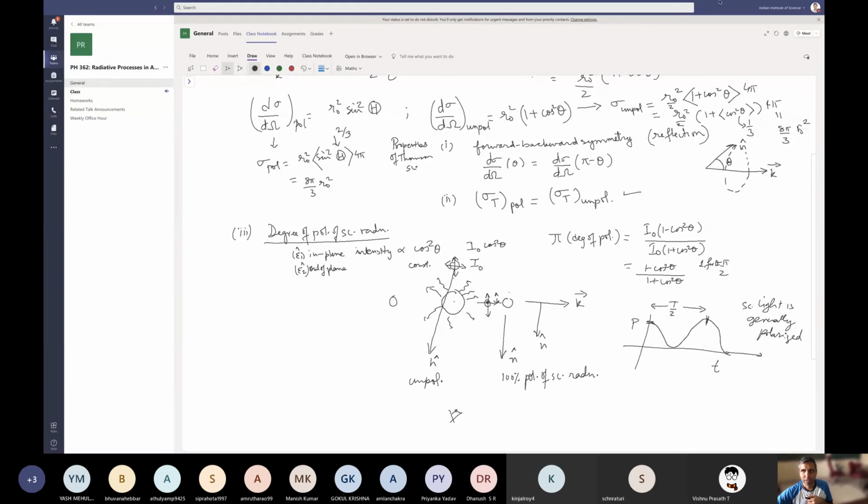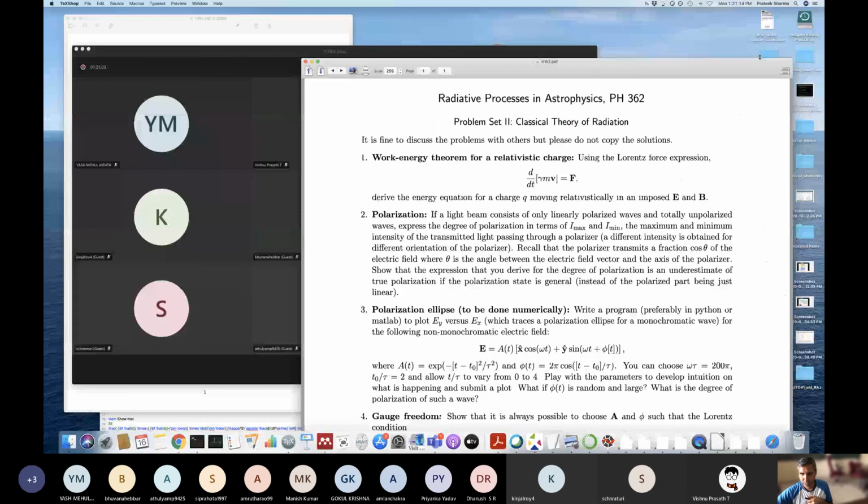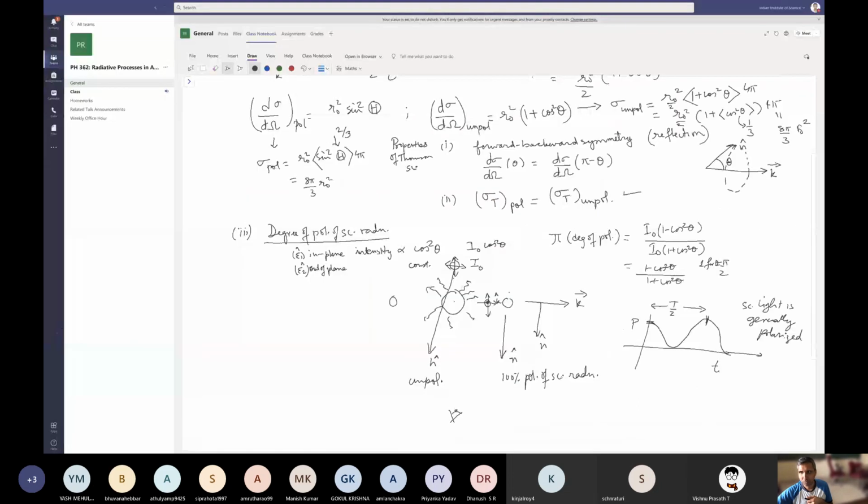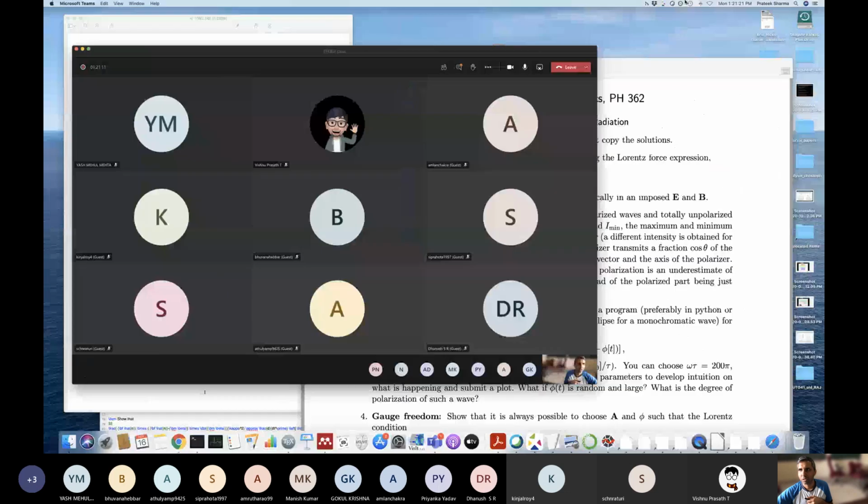Okay, where did it go? So this is about 120. The last portion of this chapter is remaining, which is basically a bound oscillator. Thomson scattering is for a free charge which is accelerating and oscillating due to an imposed field.